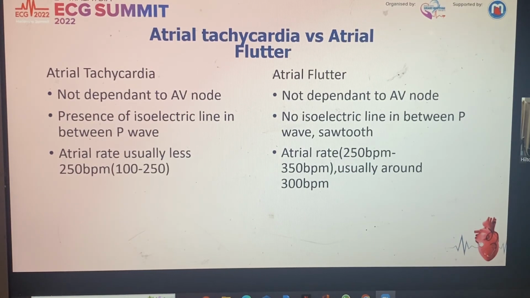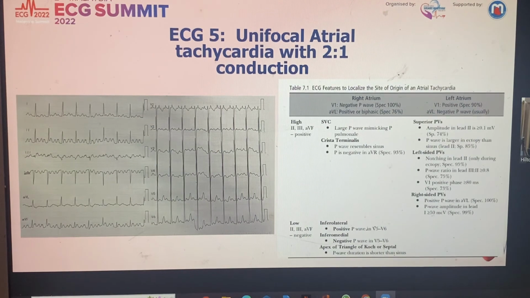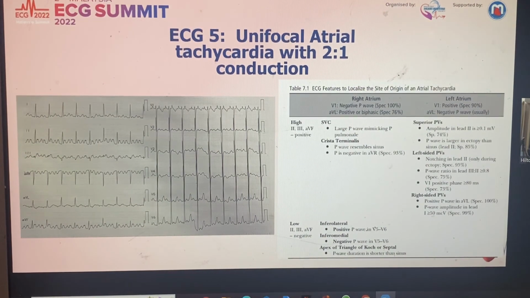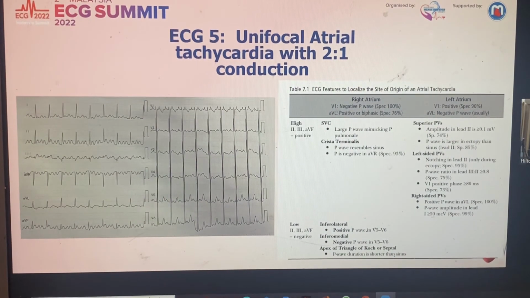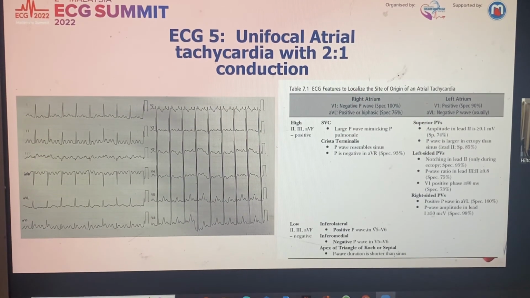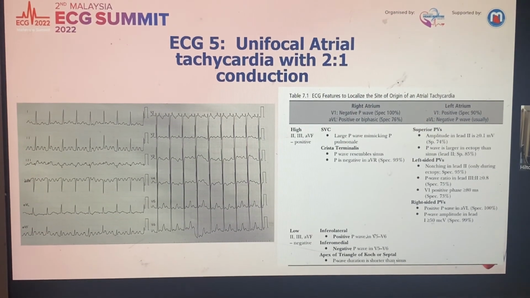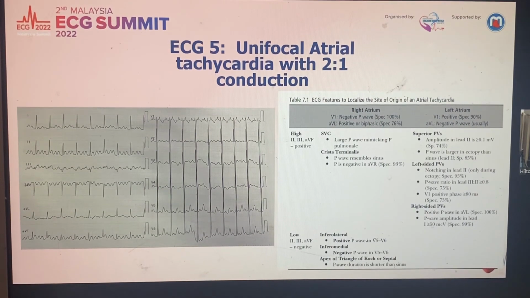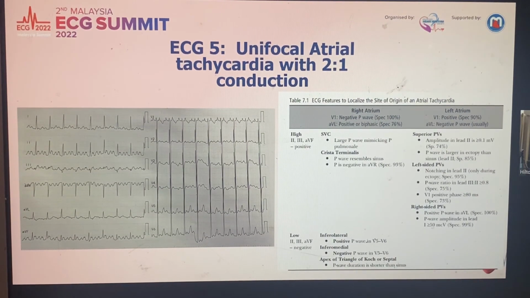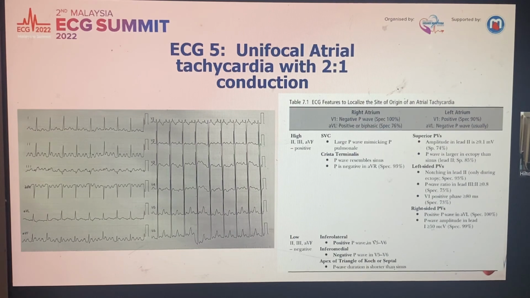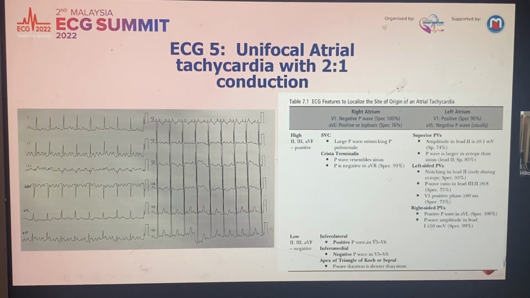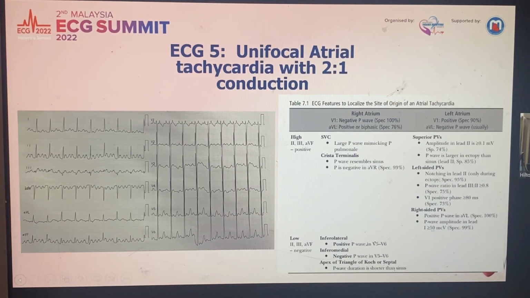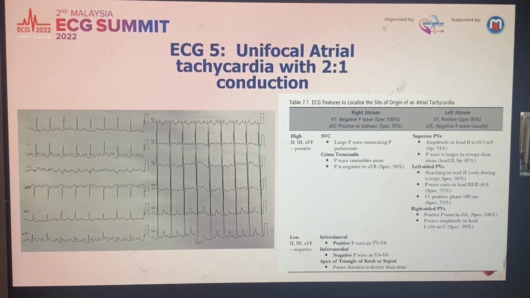Okay. Next step, definitely, if you have a persistent tachycardia like this, in fact this tachycardia can lead to cardiomyopathy. The best treatment for this type of patient will be ablation. But before ablation, based on this, you try to localize the site of the atrial tachycardia.